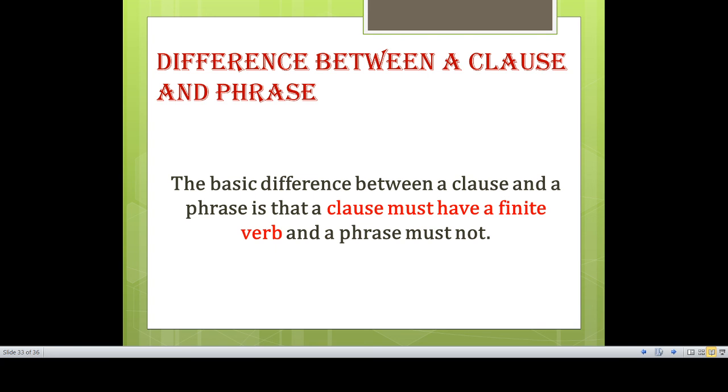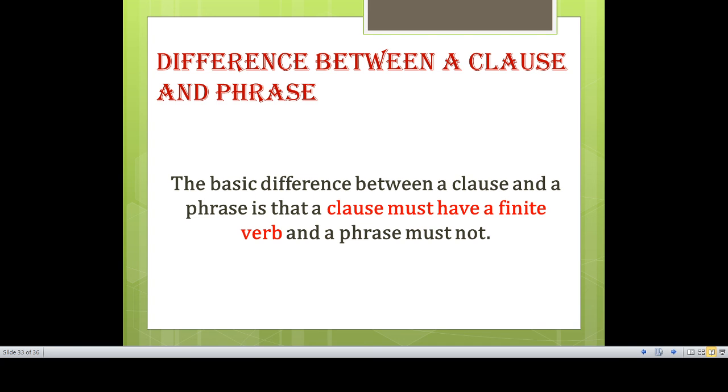A clause should have a finite verb, and finite verbs are the locus, the crux or essence of grammatical information. A finite form is a form of a verb that has a subject and can function as the root of an independent clause.